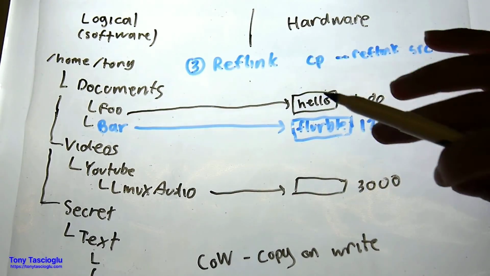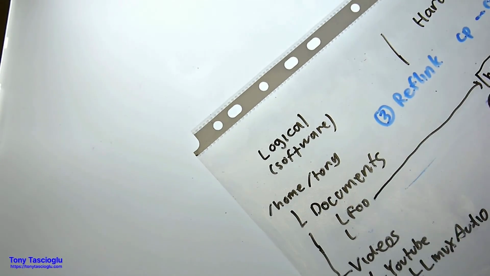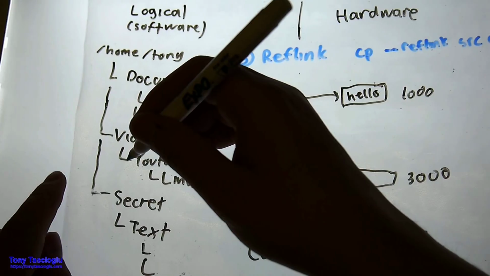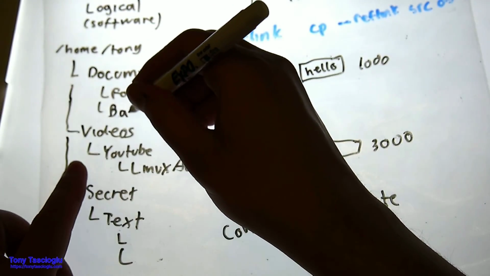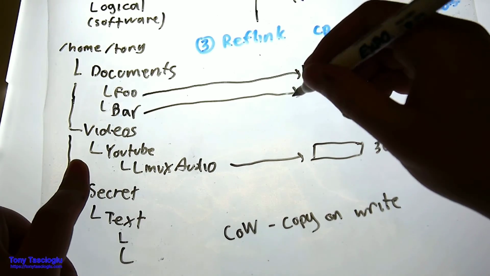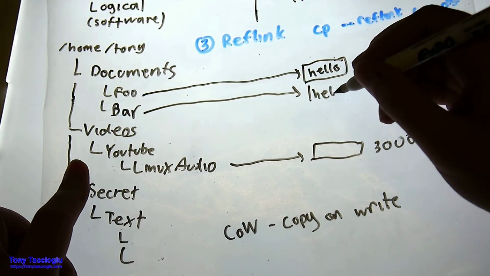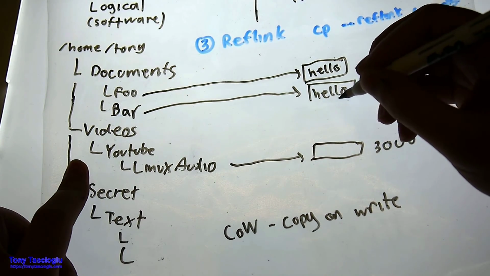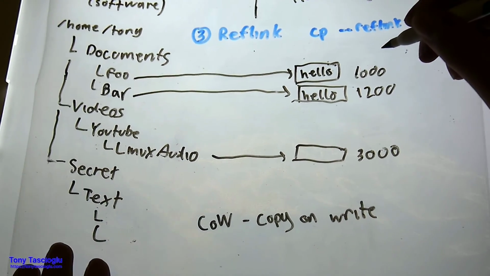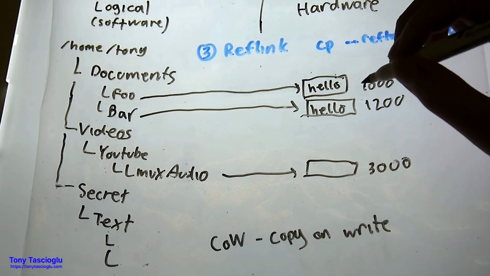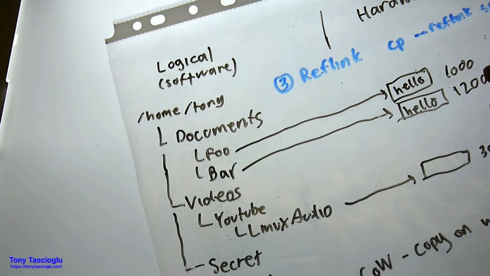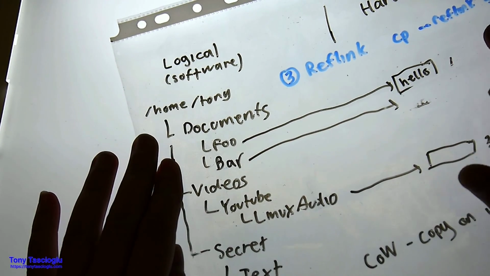Like if I did a normal copy of this file, that's what would happen. Let's draw that and then it'll maybe make more sense. So I copy this into the file bar. So I do cp foo bar. The OS will happily copy this file for us, give it a new address, and it'll basically live here. So this is a normal copy. But what copy on write does, as you saw, is as the name suggests.